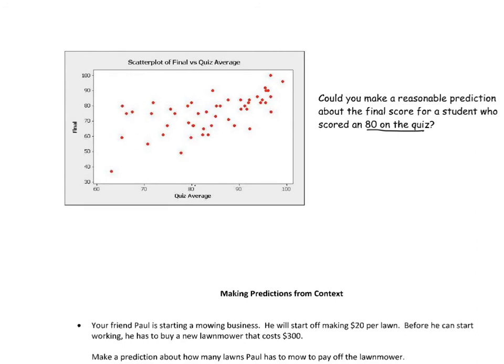If this is 80 on the quiz here, it's going to be somewhere about right in this area. This is 80 and this is 70, so I would say he's going to be between 70 and 80. Well, not quite to 80. How about between 70 and 75?